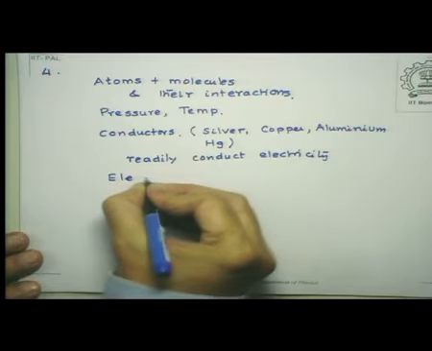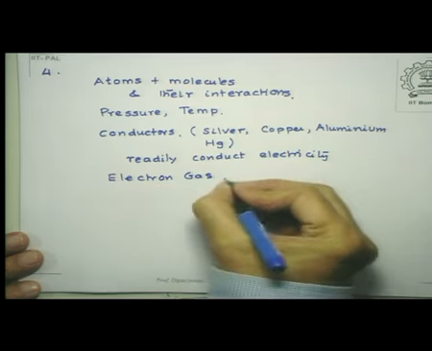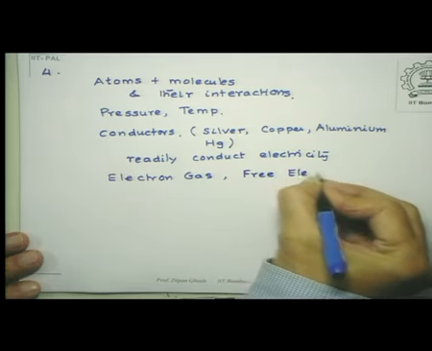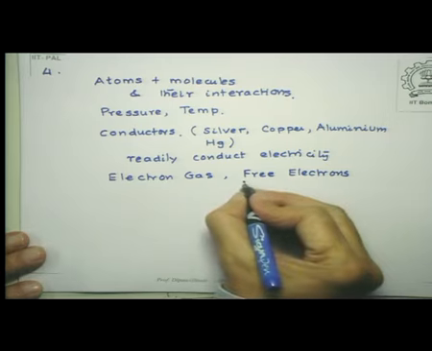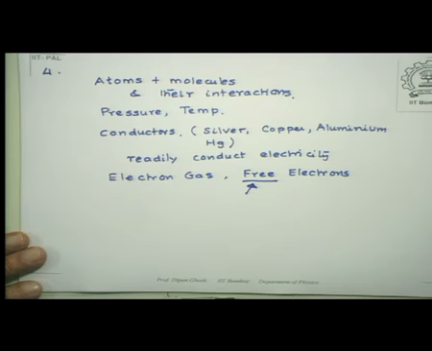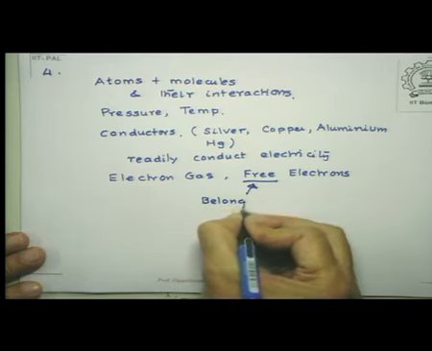And very frequently we use the word electron gas. So these are also called free electron gas. They are free in the sense that they are not tightly bound to an atom, but they belong to the solid as a whole.